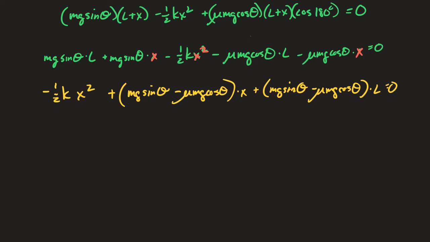I just collected like terms. Now, I am but an old and feeble man. And clearly, you guys have the brains. I am just a charlatan, but I see ax squared plus bx plus c equals 0.